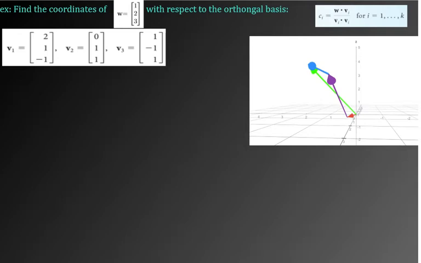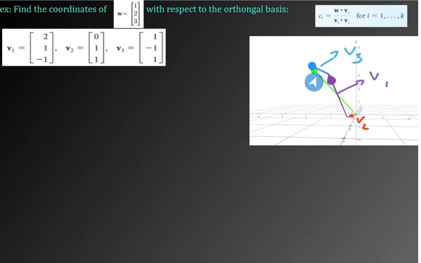So V1, V2, V3 are drawn over here. I think this red one is V2 because it has 0 in the K direction, the Z direction. And I think this purple one is V1, though it doesn't matter too much, and this one is V3.